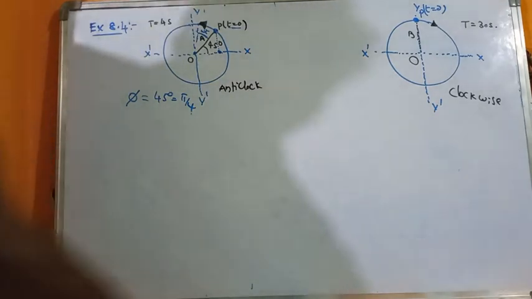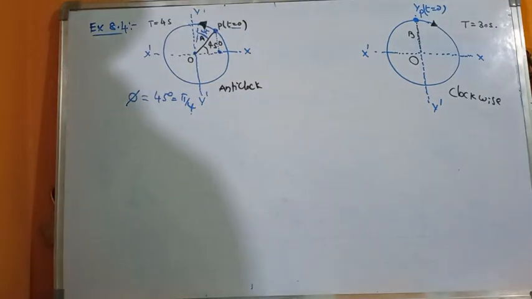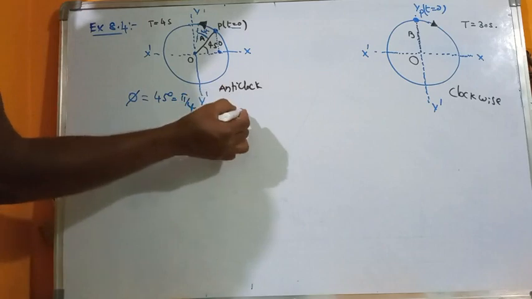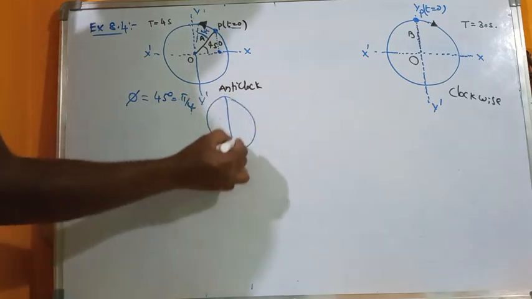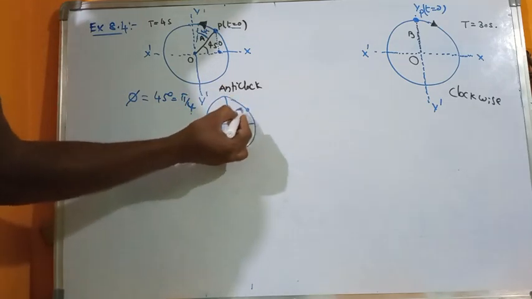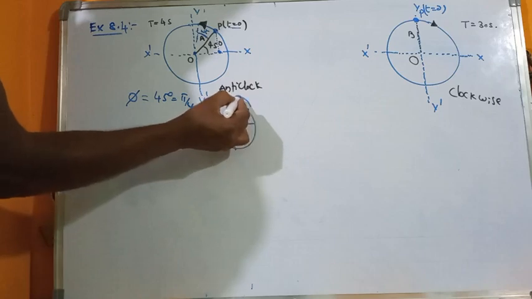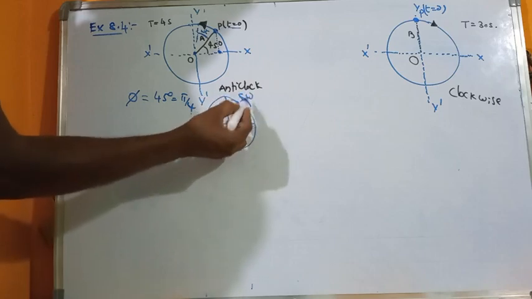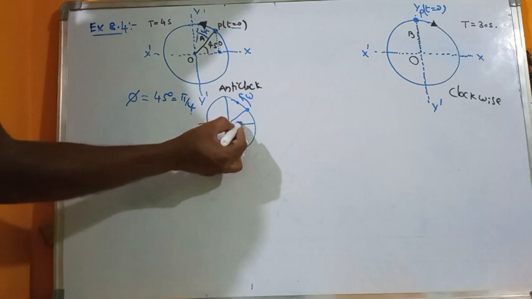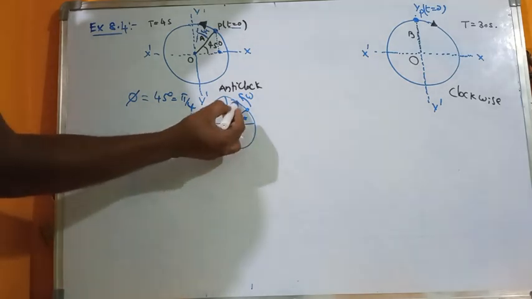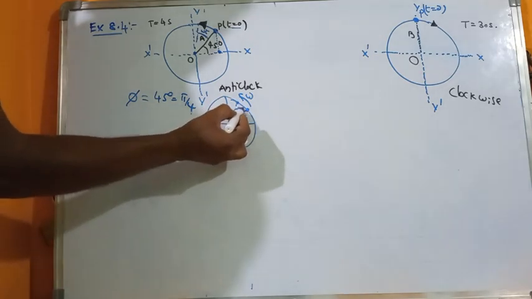Suppose this is our particle, its initial position, and somewhere it is here. From here to here it is moving with some omega, and here we have phi, and up to here it is equal to omega t.